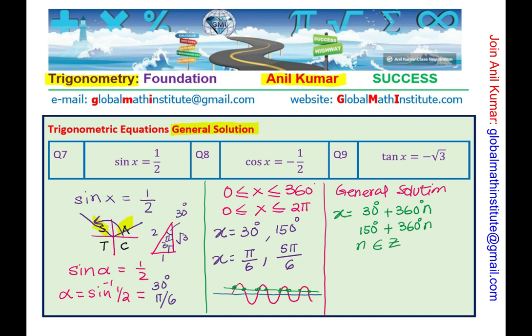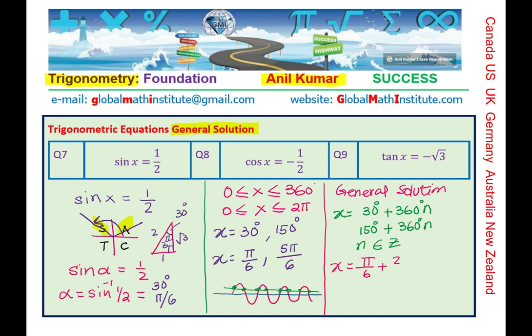Because you could go counterclockwise when n is positive, one full circle, many circles for that matter, or clockwise when n is negative. Now, same thing if you want to write in radians, in that case, the answer will be x equals to pi by 6 plus every 2 pi n, right?